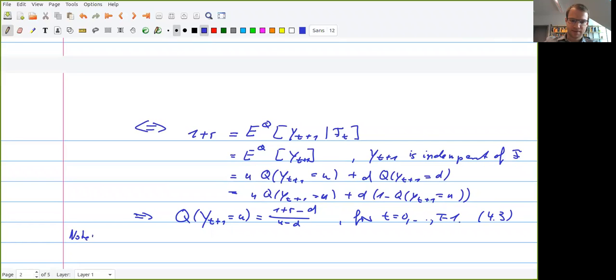The next thing we need to know is, if we can find a Martingale measure, then it's uniquely determined by this equality 4.3. So if there is a Martingale measure, we know it's unique, and this means the market is complete by the second fundamental theorem of asset pricing.